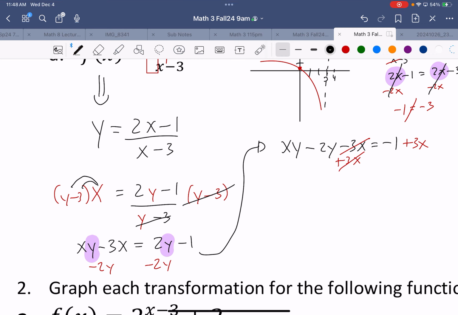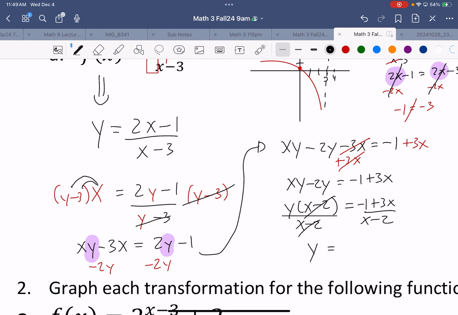Cancels on the left. And then you're left with -1 plus 3x on the right. And now you might be asking, what do I do from here? Remember, the trick is, since both terms have the same factor, you can use your GCF to take it out, and I can divide both sides by x minus 2.